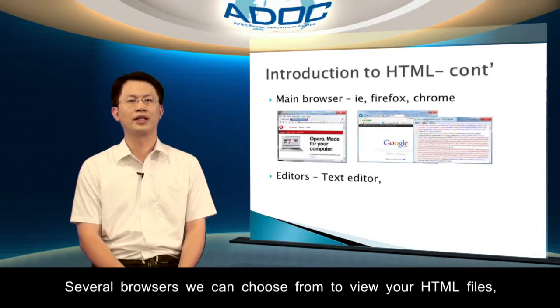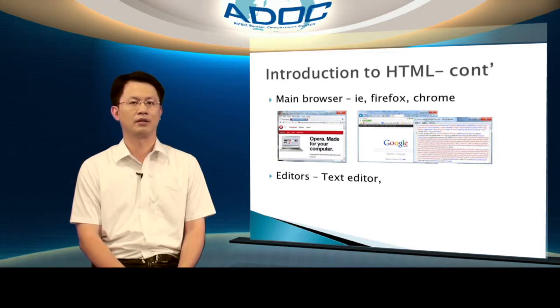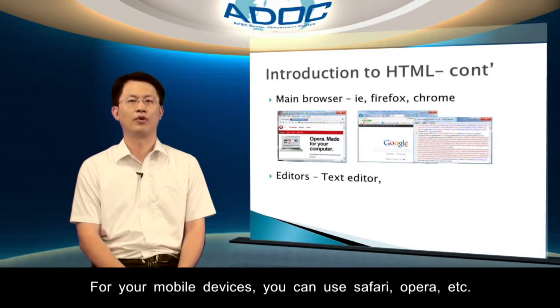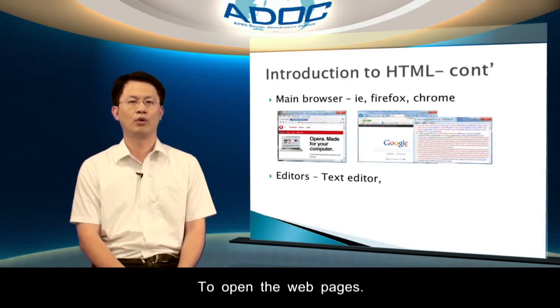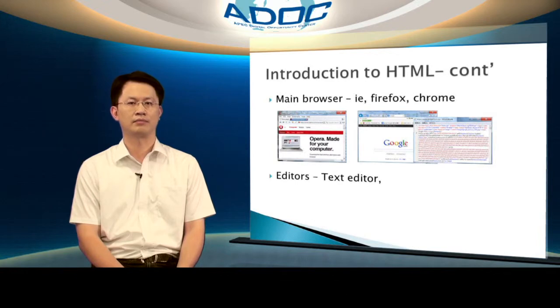There are several browsers we can choose from to view your HTML files, such as IE, Firefox, Chrome. For your mobile devices, you can use Safari, Opera, etc. to open the web pages.